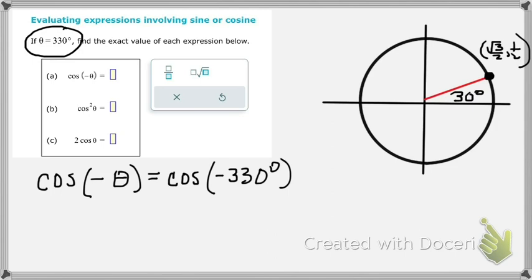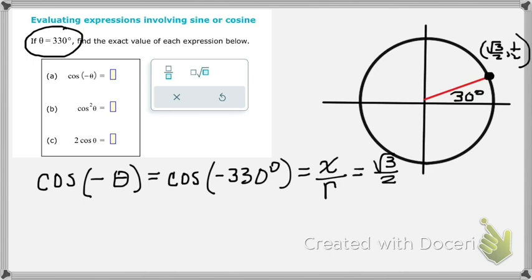I know that negative 330 degrees is coterminal with 30 degrees. So from here, I just need to use my formula for cosine theta, which is x over r, where x, as we can see, is rad 3 over 2, and r, of course, since it's a unit circle, is 1.